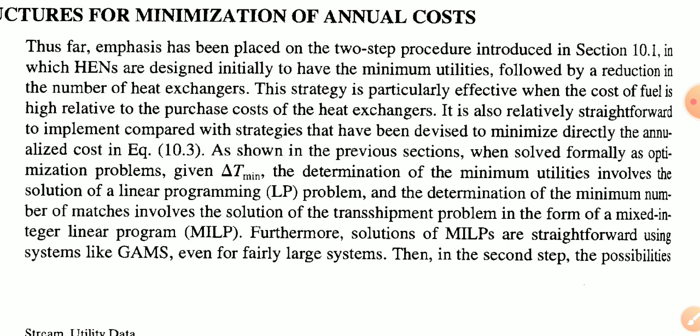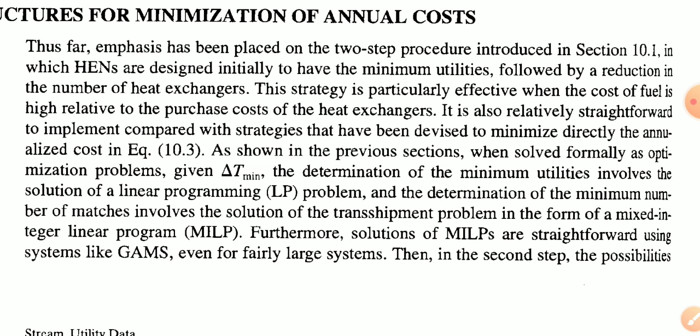This strategy is particularly effective when the cost of fuel is high relative to the purchase cost of the heat exchanger. It is also relatively straightforward to implement compared with strategies that have been devised to minimize directly the annualized cost.